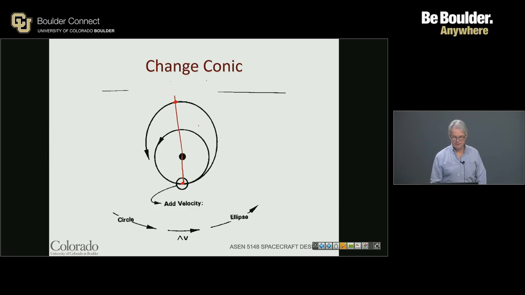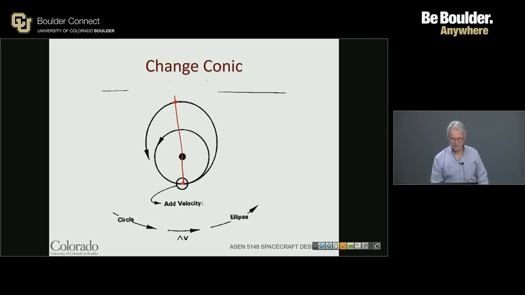Pretty cool. If we're coming back and we're at this same point again, we turn the spacecraft around and apply the equal but opposite velocity, we put the spacecraft back on its original circular orbit. So moving and extending the orbit, add velocity, bringing the orbit back to where it needs to be, reorient the spacecraft, apply opposite velocity, slow the vehicle down, and now we're in different orbits.